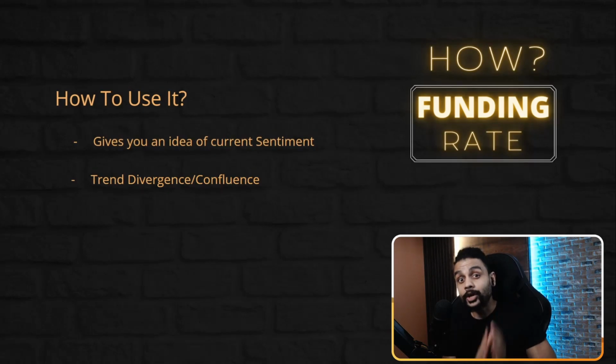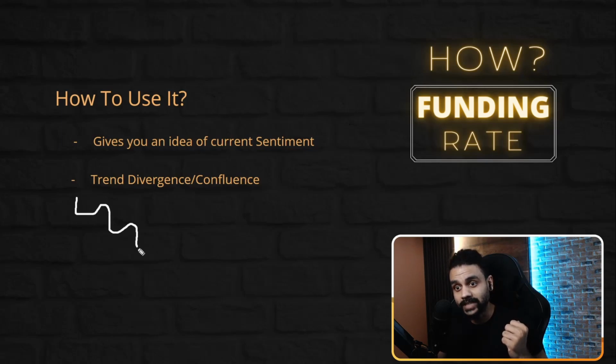Well, essentially, you want to be looking for confluence between the market trend, the direction of the market, along with the funding rate. So for example, let's say the current market condition is going towards the downside, right? It's trending towards the downside, but funding rate is consistently positive.